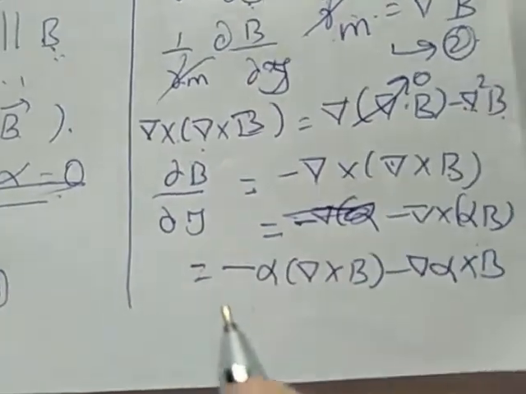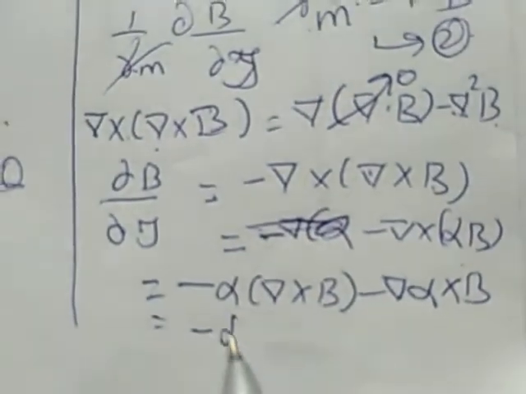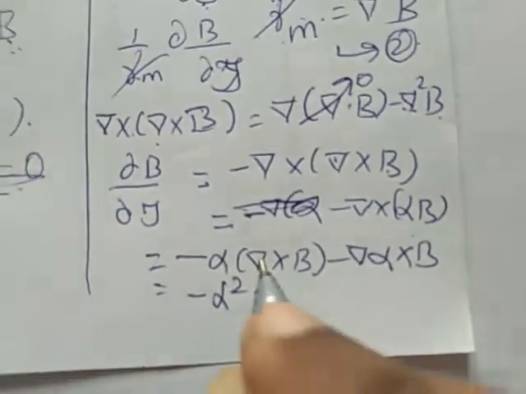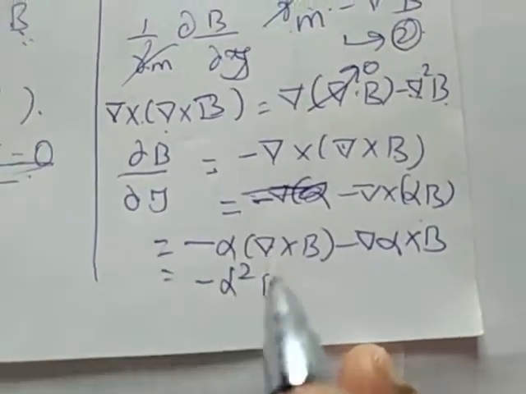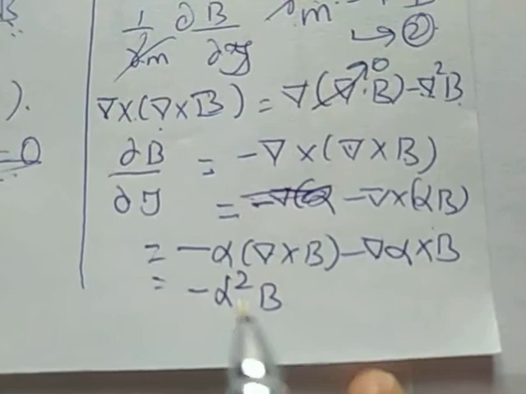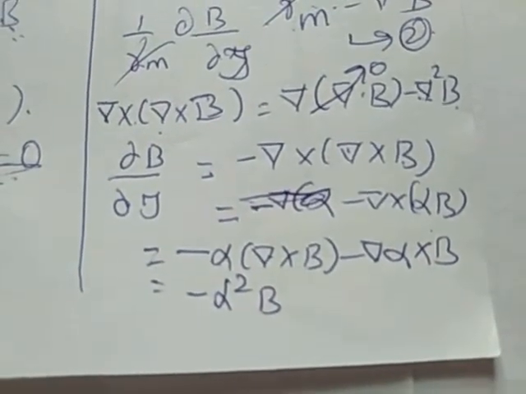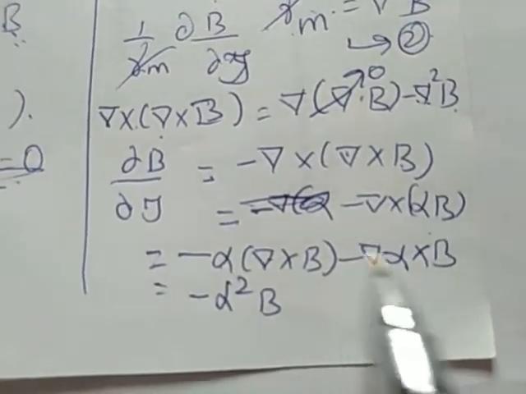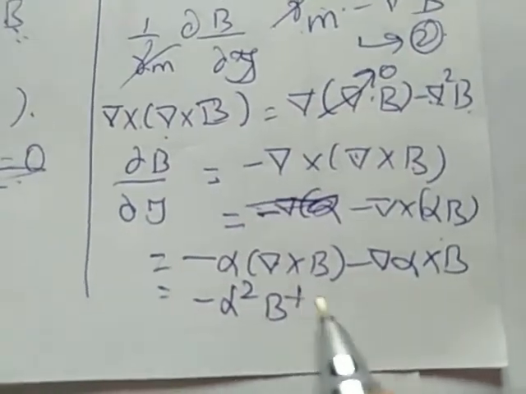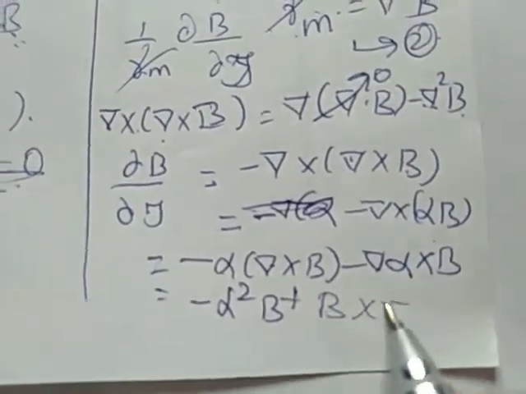So this becomes minus alpha square B. Del cross B is alpha B, so alpha into alpha becomes alpha square B. And minus of this becomes plus B cross del alpha.